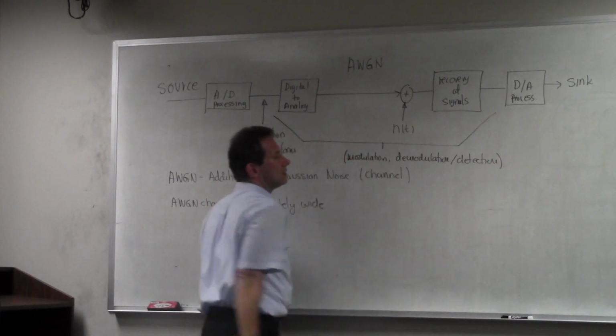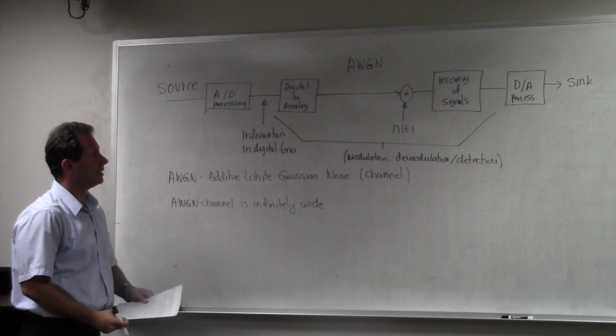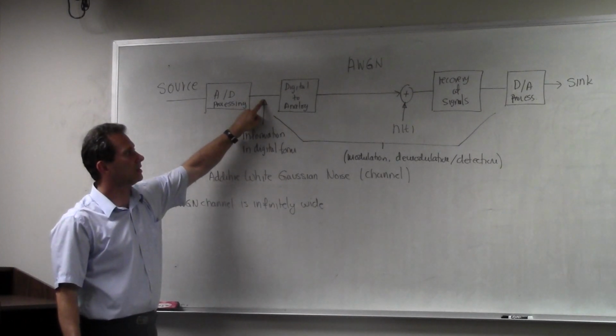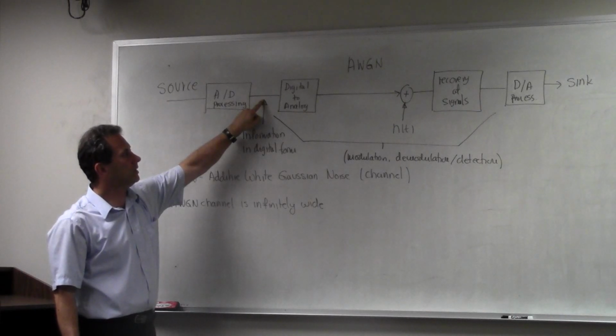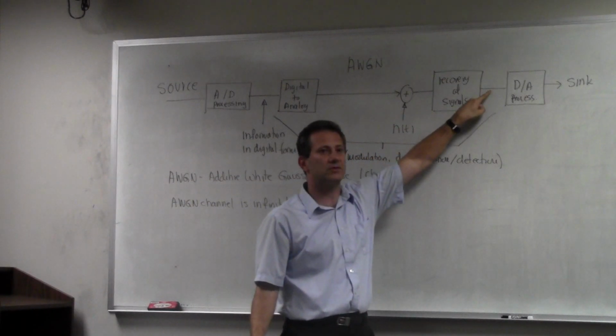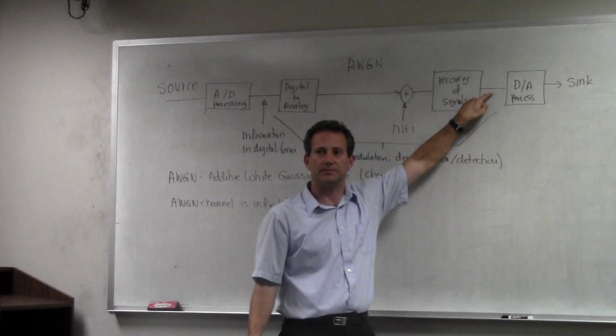So that's our goal here. We're going to assume that you're sending some bits here, and we're going to look into what it will take to actually recover the same bits that you sent at this point.